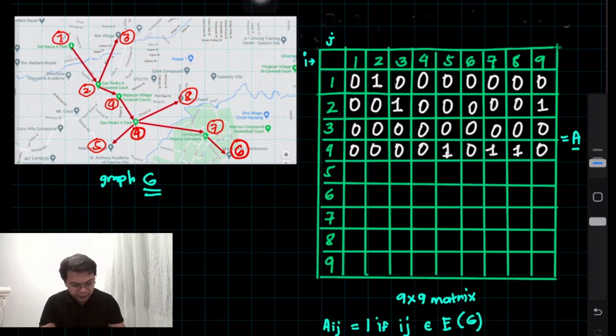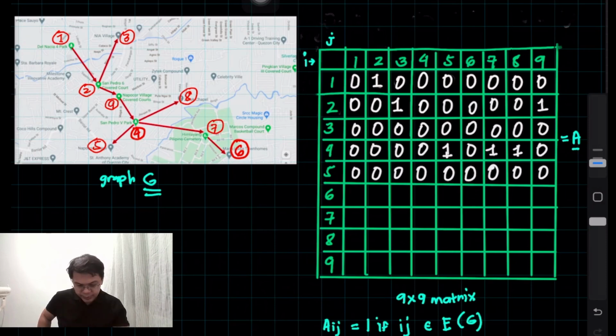Let's go to row number 5. 5, 1, 0. 5, 2, 0. 5, 3, 0. 5, 4 is also 0. 5, 5 is 0. 5, 6, 0. 5, 7, 0. 5, 8 is 0. 5 and 9 is also 0.